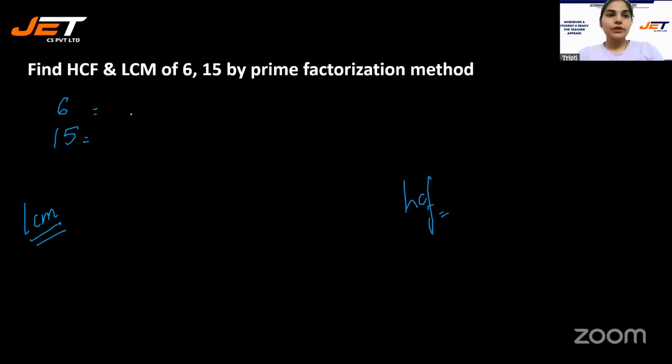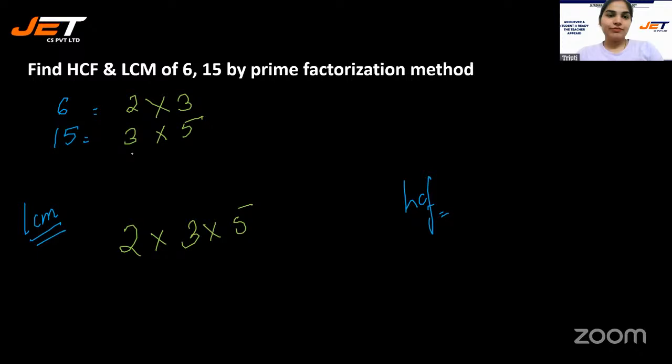Okay, so the prime factorization of 6 is 2 times 3. And for 15, it's 3 times 5. Now LCM: 2 is only once, 3 is only once, and 5 is also there once.